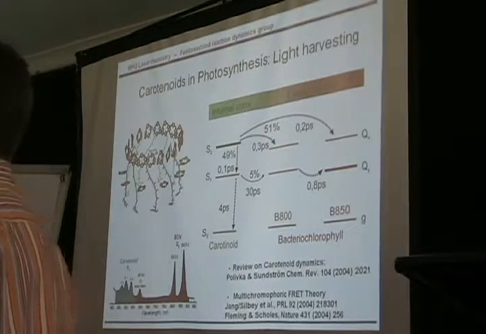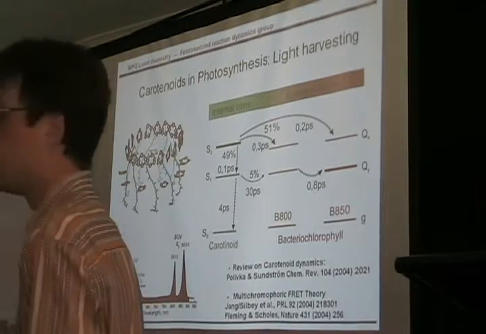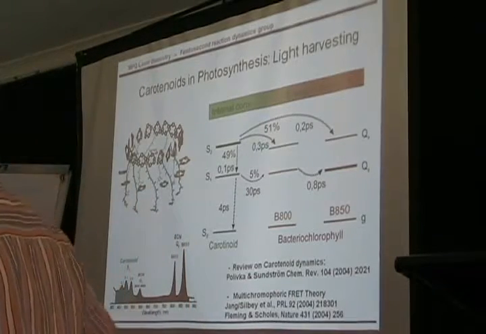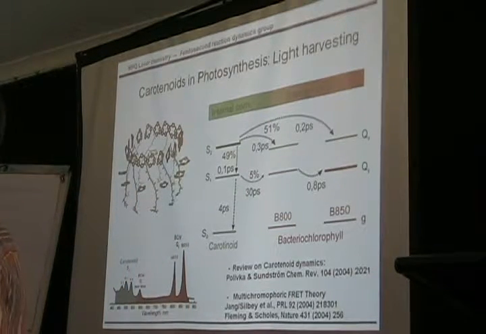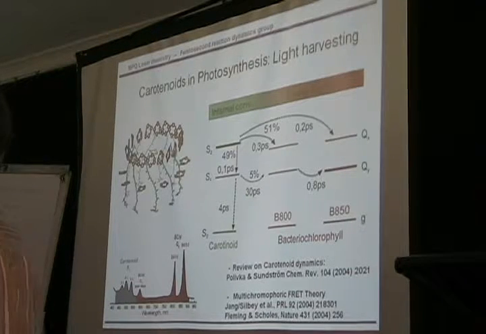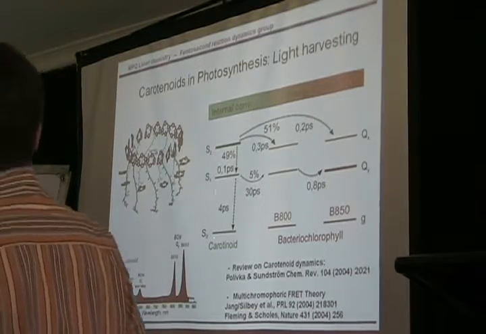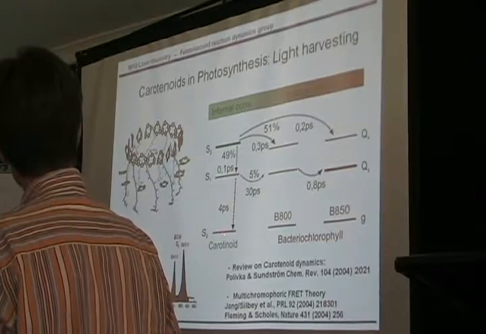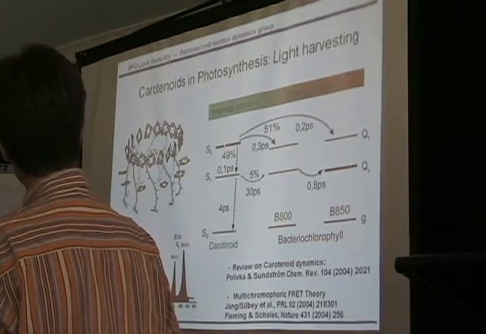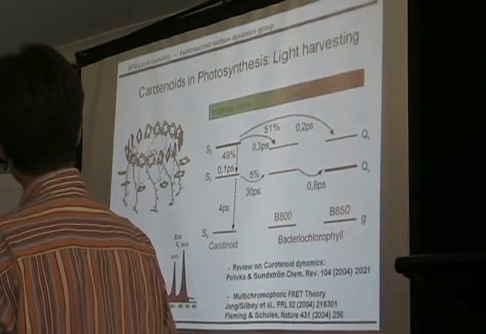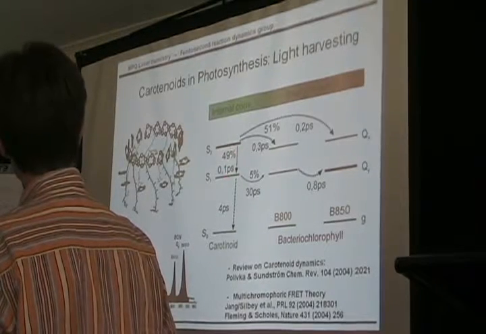So the carotenoids are essential to the light absorption in this system. And now what has to be done by this molecular machine is it has to assemble all the excitational energy into one state. And this is what this is about. So when you excite energy in the carotenoid, it goes to the optically allowed S2 state. S1 is optically forbidden by symmetry.